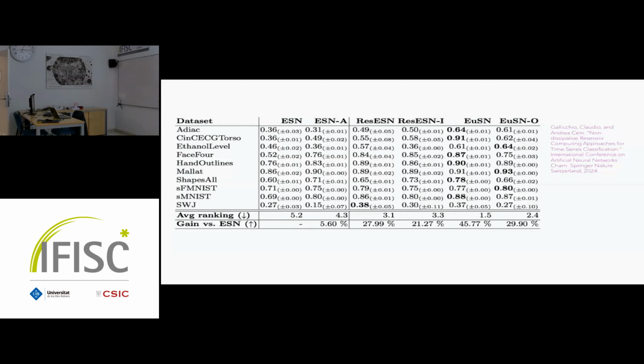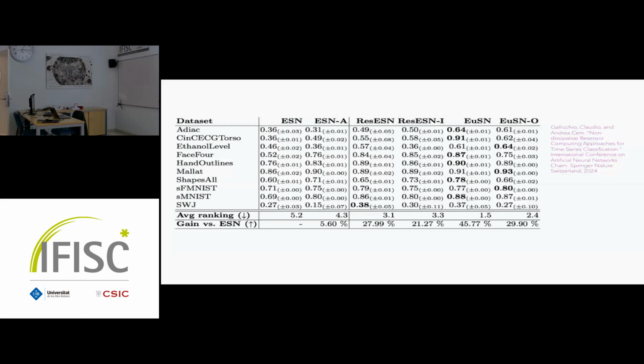And in the different columns here, we have echo state networks, not conventional echo state network or leaky echo state networks, actually. This is a version of the echo state network where the classification is not based only on the last time step, but on the average of all the time steps, okay? Trying to reduce the fading memory in this way, right?